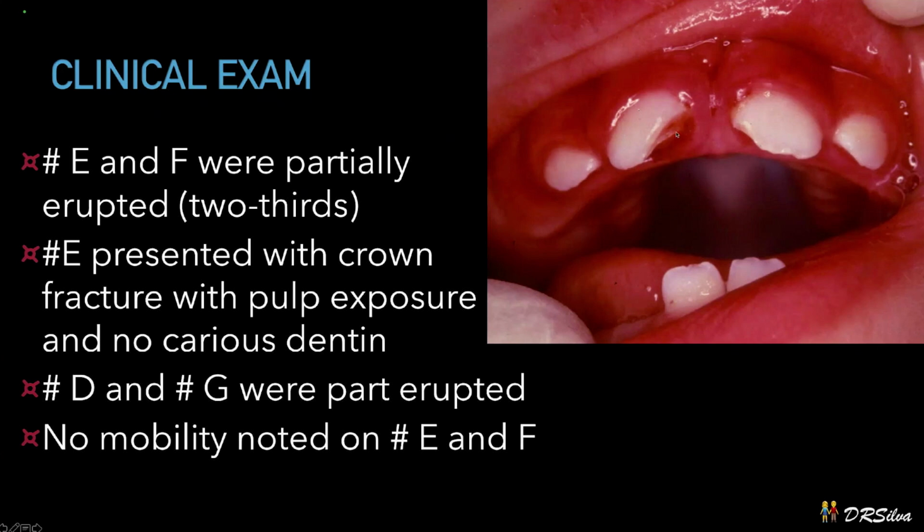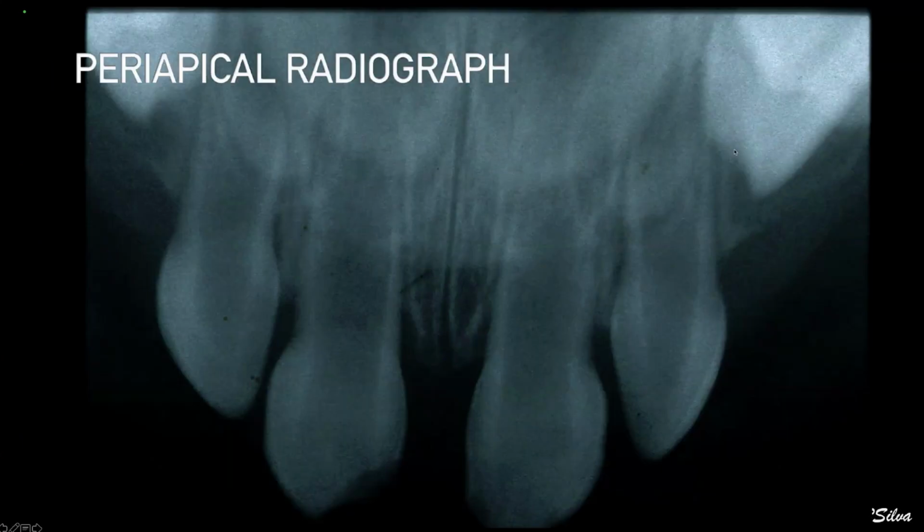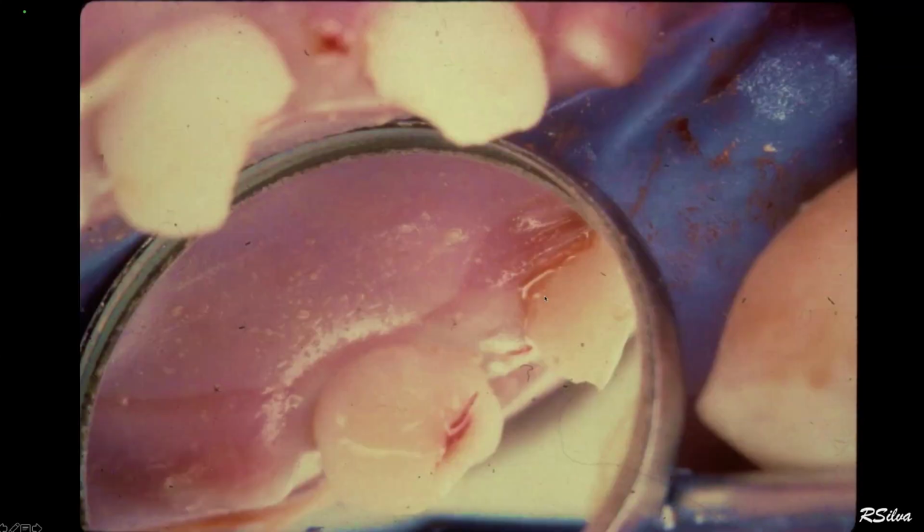E presents with crown fracture and pulp exposure, no caries dentin, very important when we're talking about pulp therapy. No mobility noted on any of those incisors.